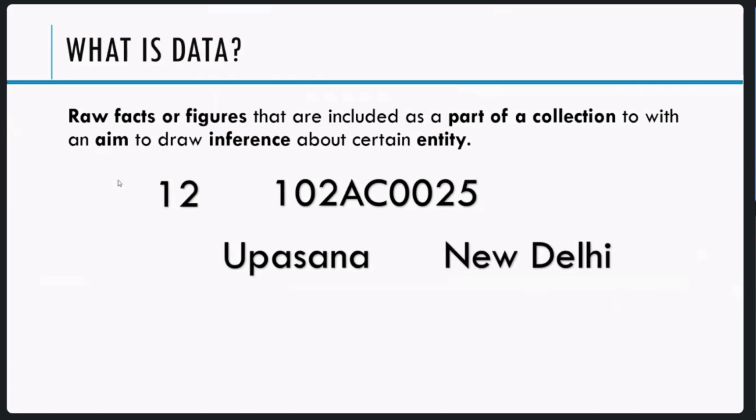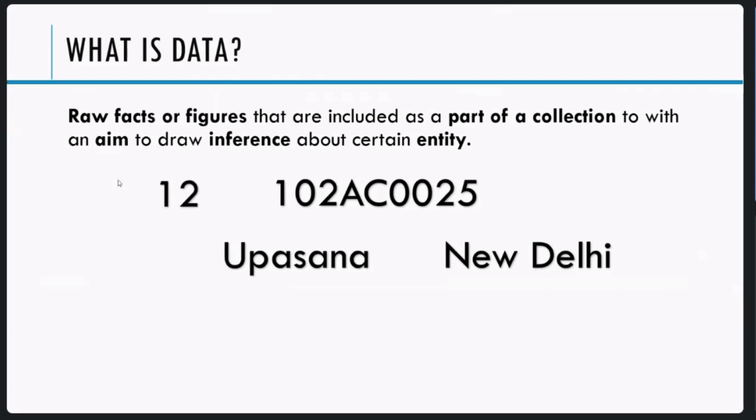So what do you think? Is this data? 12 is a number, 10 2AC 0025 is an alphanumeric value. Upasana and New Delhi, they are just strings. They can be data, but now they are not.